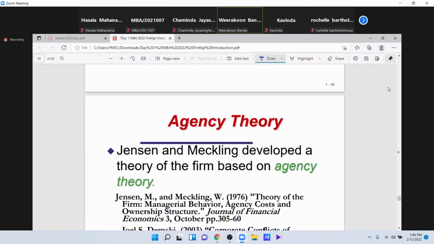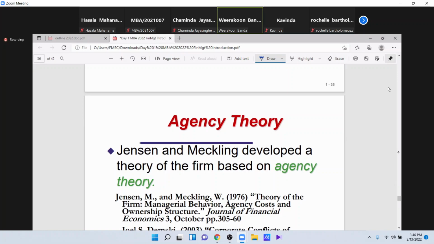Then there's a famous theory, agency theory. Jensen and Meckling developed a theory of the firm based on agency theory. Jensen and Meckling, 1976, Theory of the Firm: Managerial Behavior, Agency Costs, and Ownership Structure, Journal of Financial Economics, number 3, October.